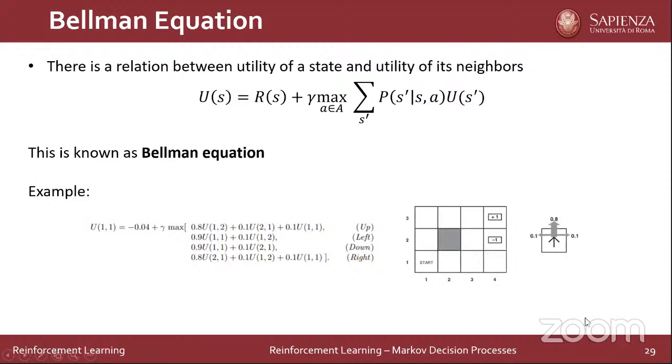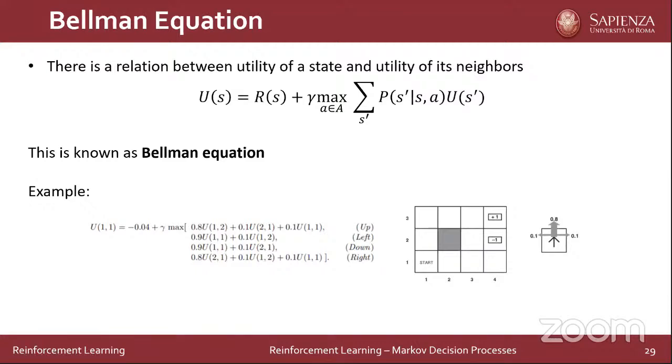So we are saying that the utility of a certain state is the reward that you get in that state plus the maximum of the utilities that you get in the neighboring states multiplied by the probability of ending up in that neighboring state, right? So here we're using the transition function, maximizing this utility function that you can get from the next states.